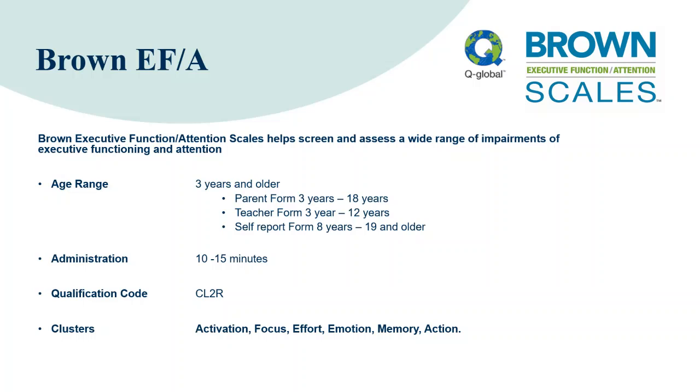And then finally, the last cluster is action. This looks at problems individuals may have recognising appropriate behaviour and self-regulating their actions. The normative scores that are reported are T-scores and percentiles.